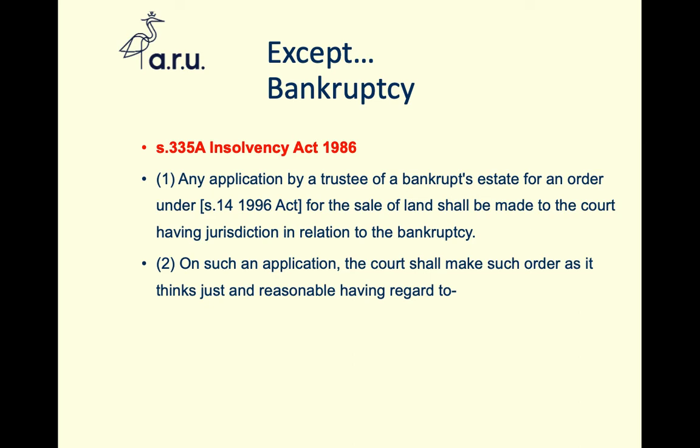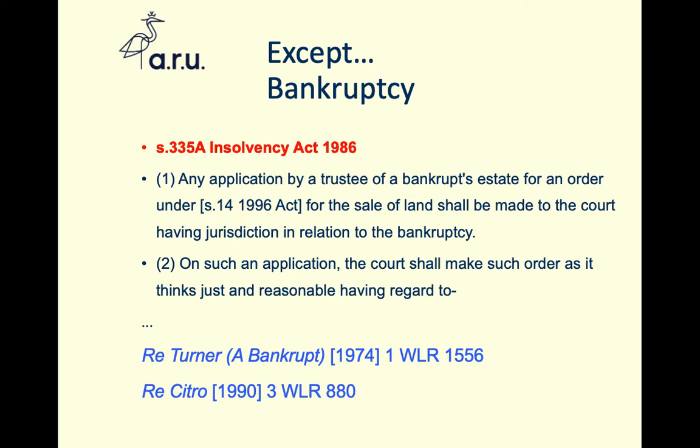So there's a range of things that are considered under Section 335A that are slightly different to those listed in Section 15 of TOLATA. In conflicts, however, historically, where we've seen a conflict between the bank and someone else who lives there, unfortunately, in re Turner and re Citro, we haven't seen the courts being particularly kind in those scenarios, and we have seen that in certain scenarios like that, the courts have been quite willing to find in favour of the bank instead of the wife or husband of the party who is bankrupt.